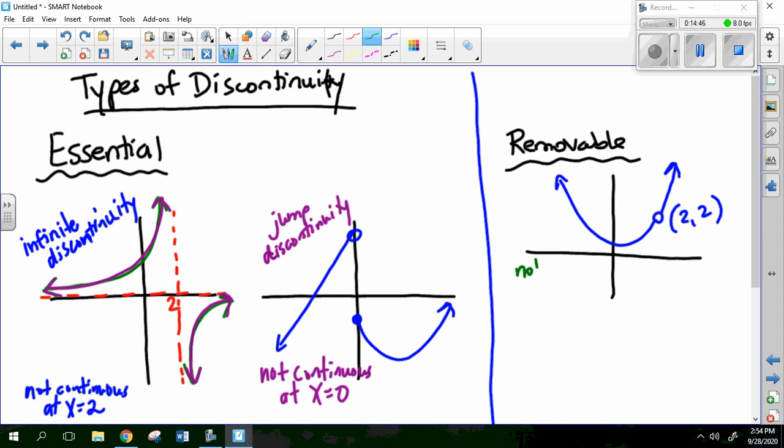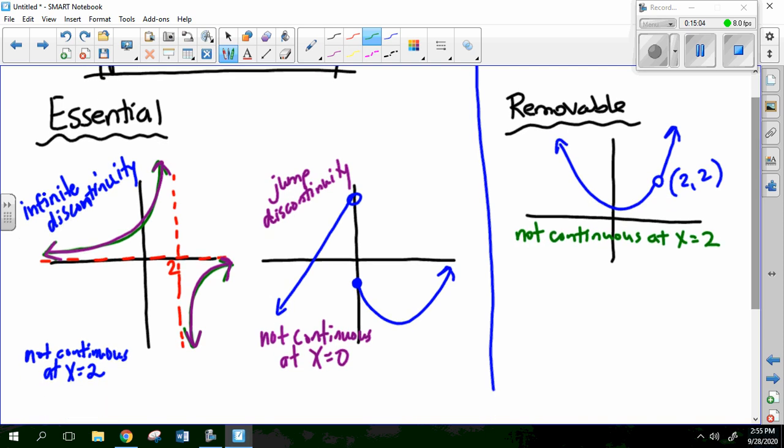So if I asked you if it was continuous or not, you would tell me that it's not continuous at x equals 2. Okay? So if that's all I was asking, you'd be done. But then I want to know if it's removable or not. And it's removable because the discontinuity is just a hole.